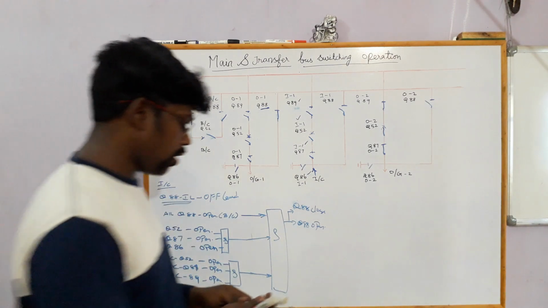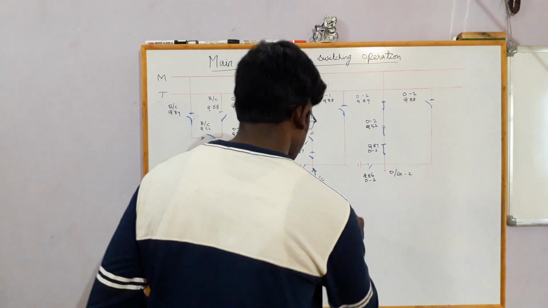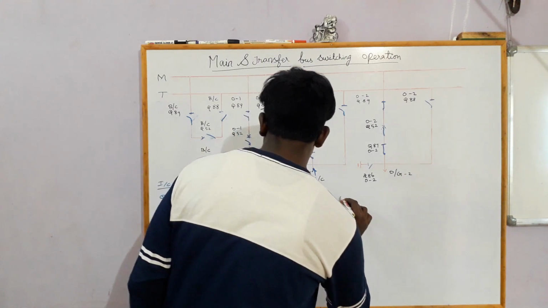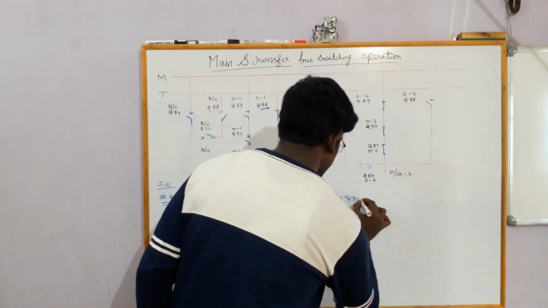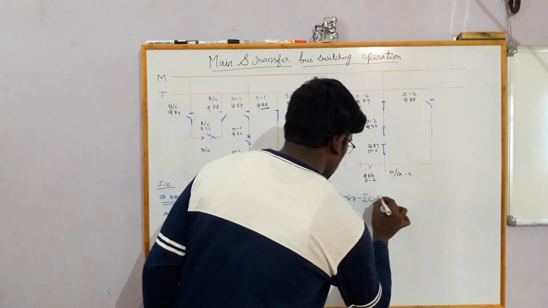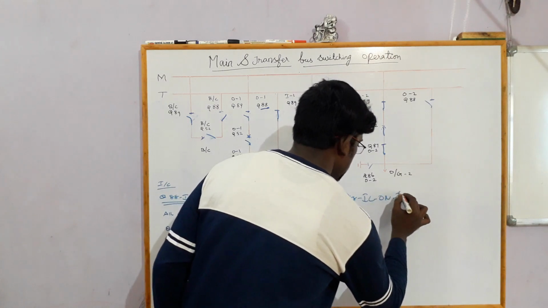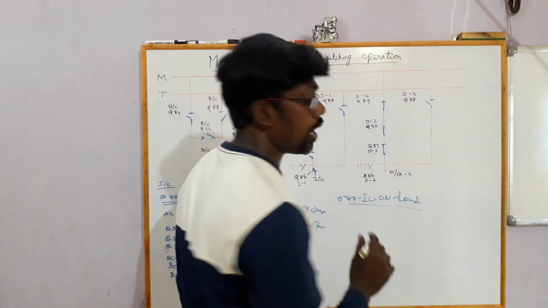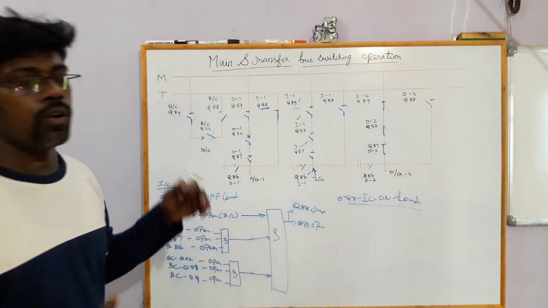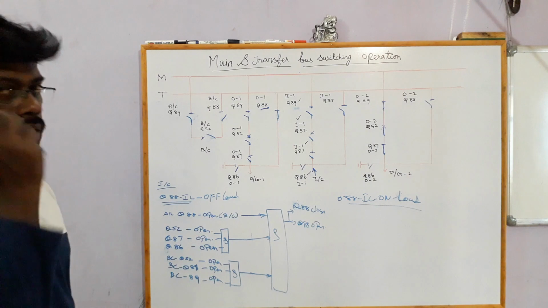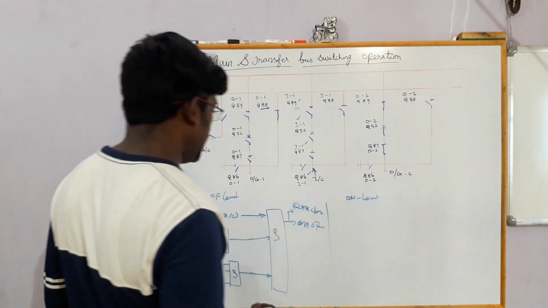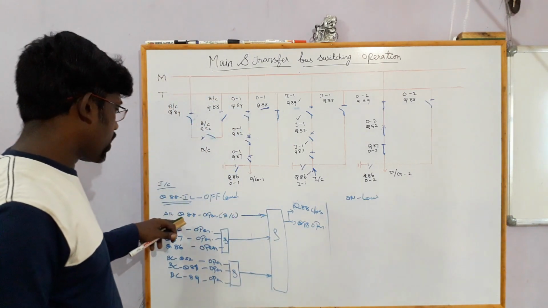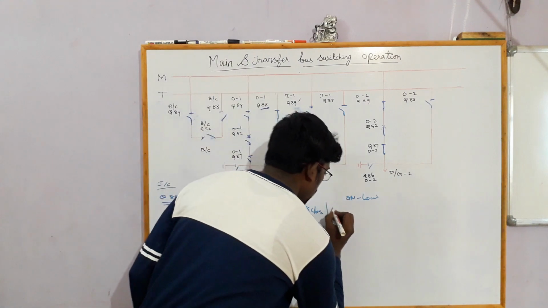When you see for on-load load transfer, this is the Q88 interlock for on-load. On-load, that is, in load we are going to transfer this isolator. Here also we have to consider all this.